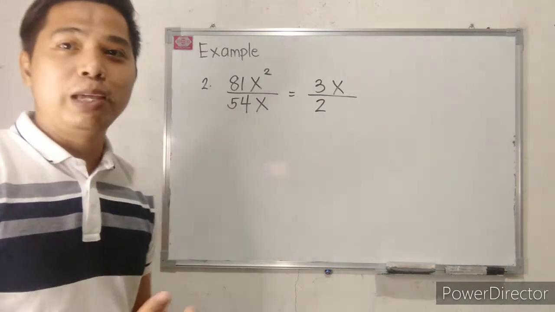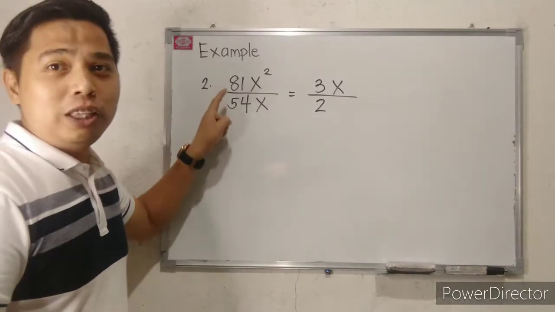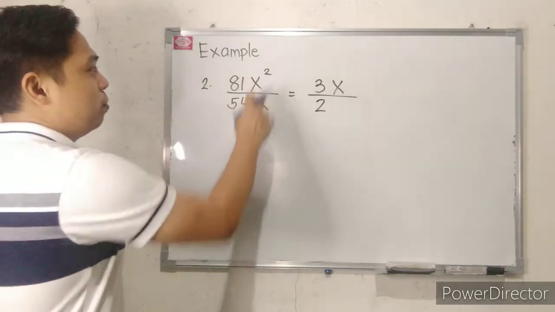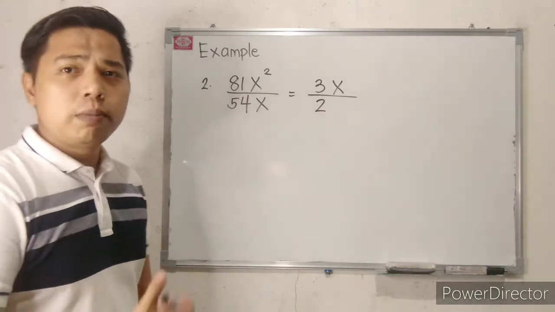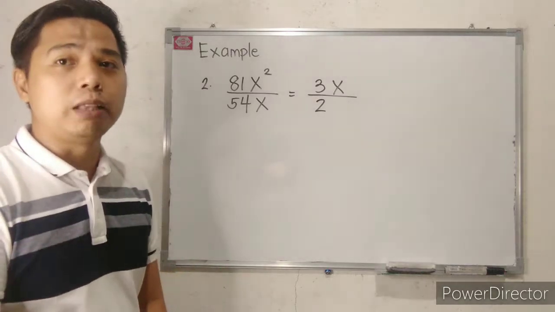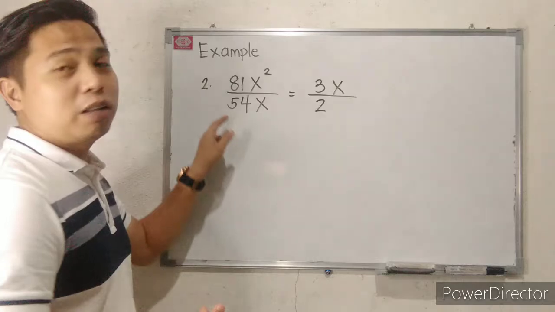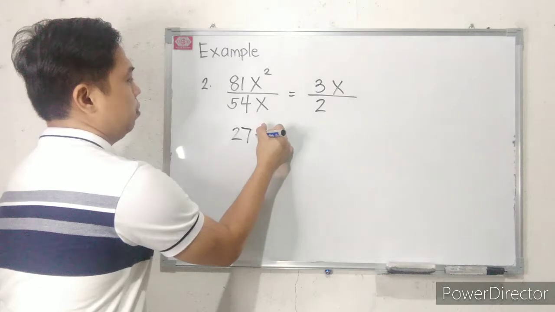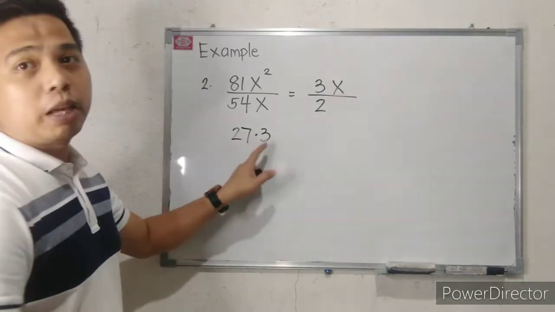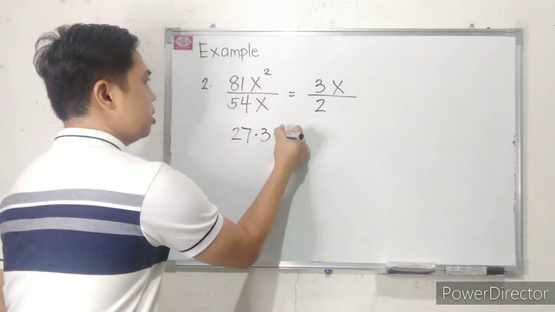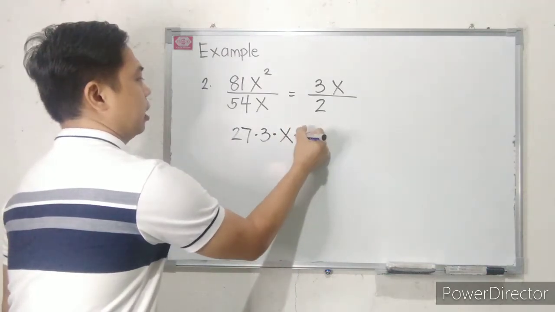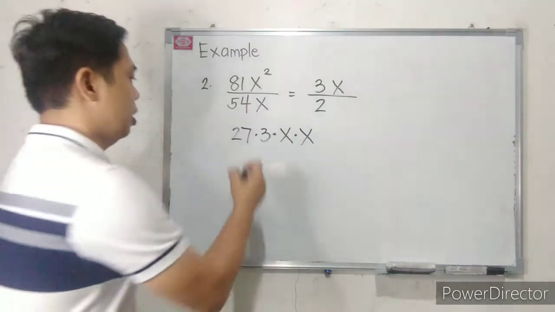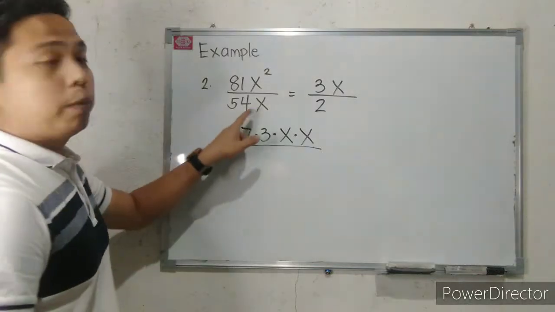So, let's break down the terms of our numerator and denominator again to see if our answer will be the same. So, what are the factors of 81x squared? Earlier, class, we used 27 as our divisor for 81 and 54. So, 27 times 3, because 27 times 3 is 81. Times x times x, because we have x squared. So, let's get our denominator, 54x.